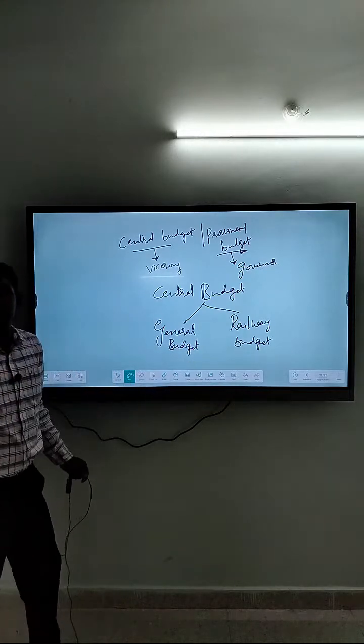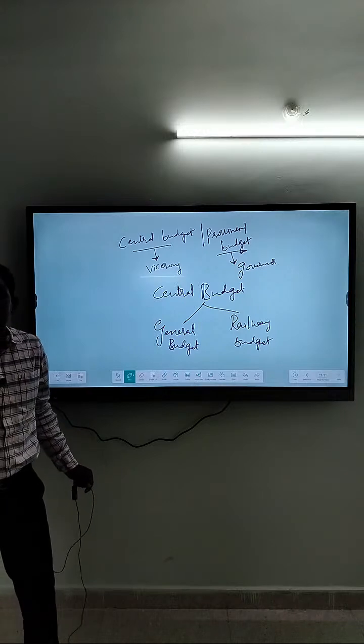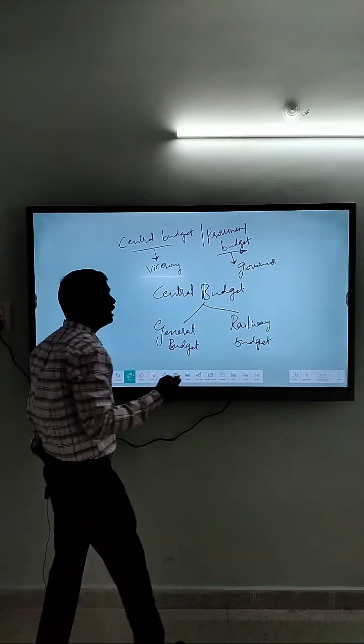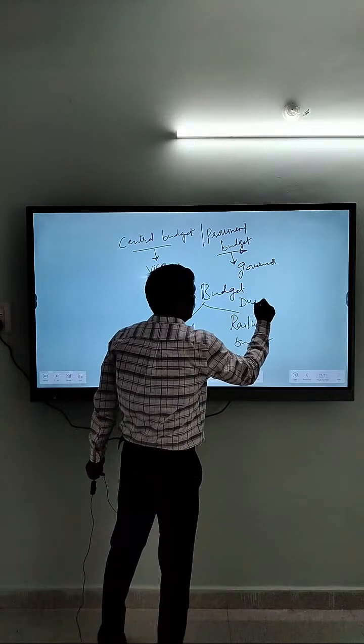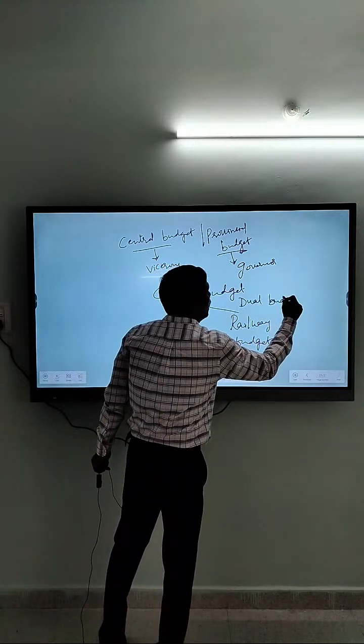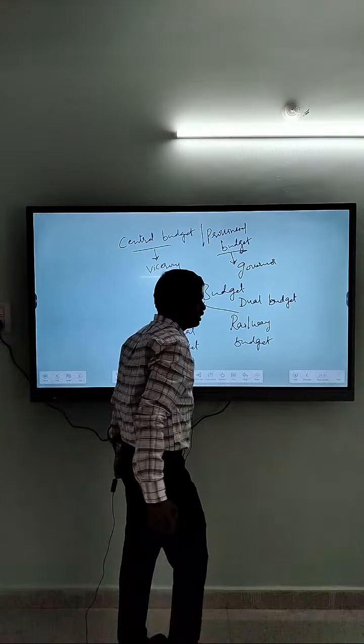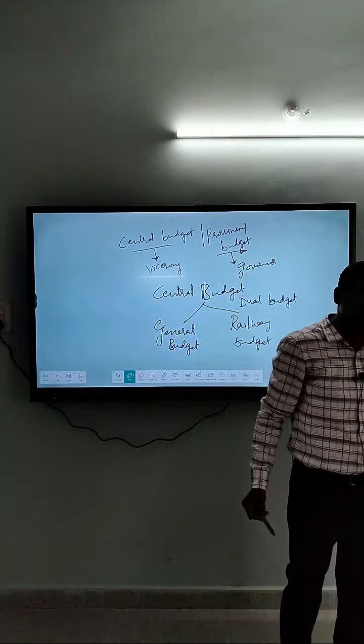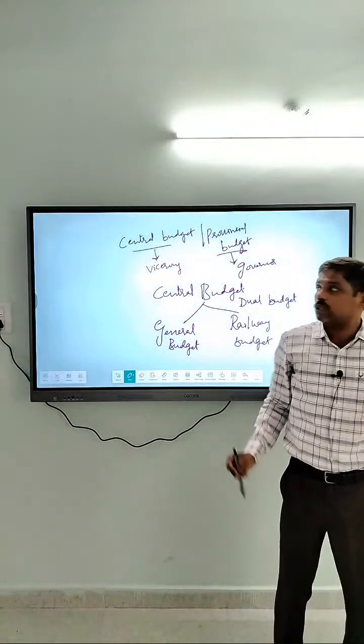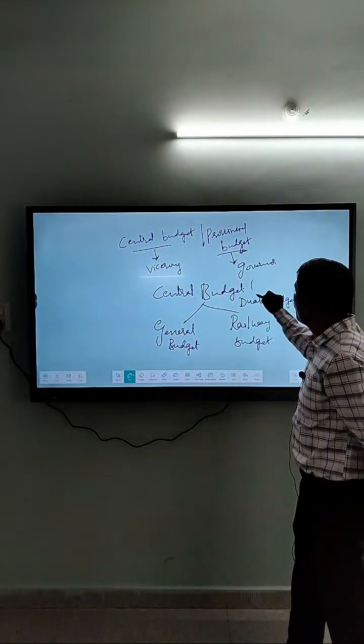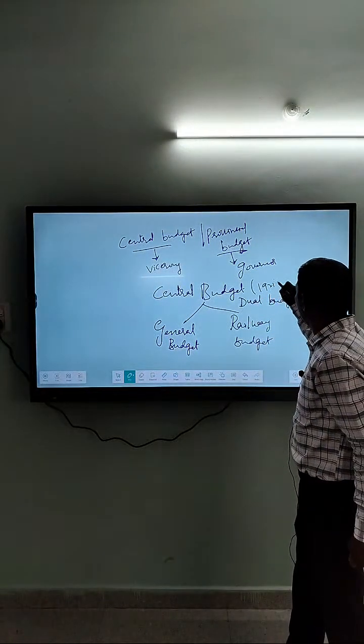That means the 1919 Act has introduced dual budgeting in India. Alright. So this got implemented from 1921.